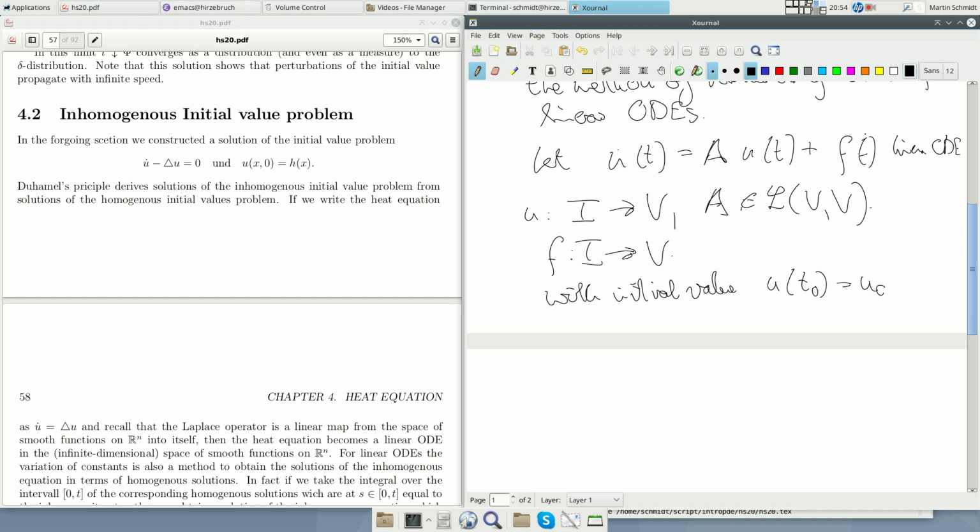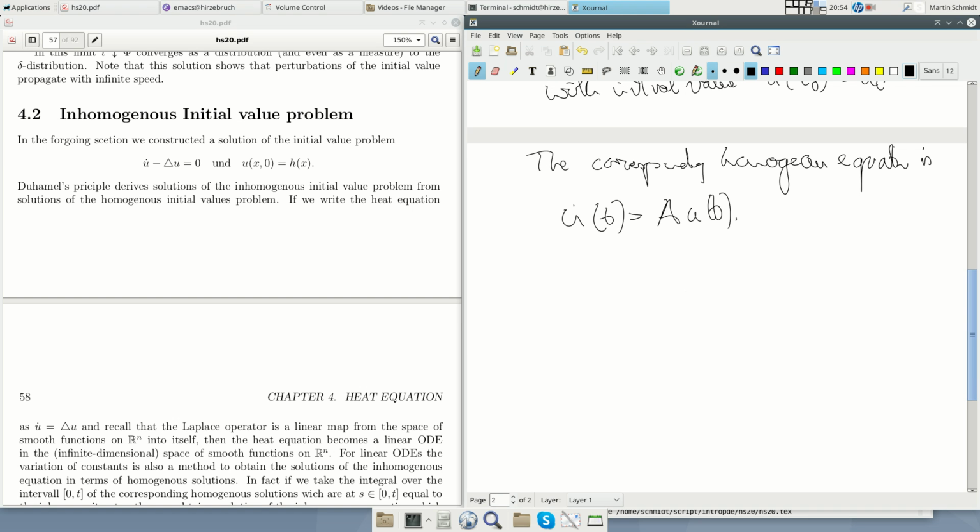And the corresponding homogeneous equation is just u dot of t is equal A times u of t.